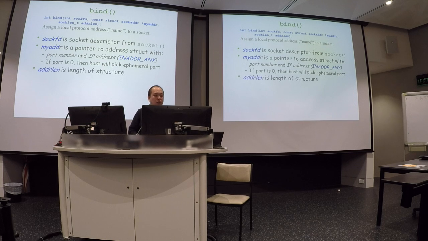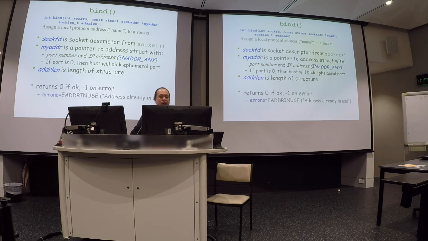And also, you need to specify the total length of the socket address. The third argument is the total length of the socket address. Now we need to specify the total length because the socket address can vary depending on which address family you are working with. So that's why we have 3 arguments here.